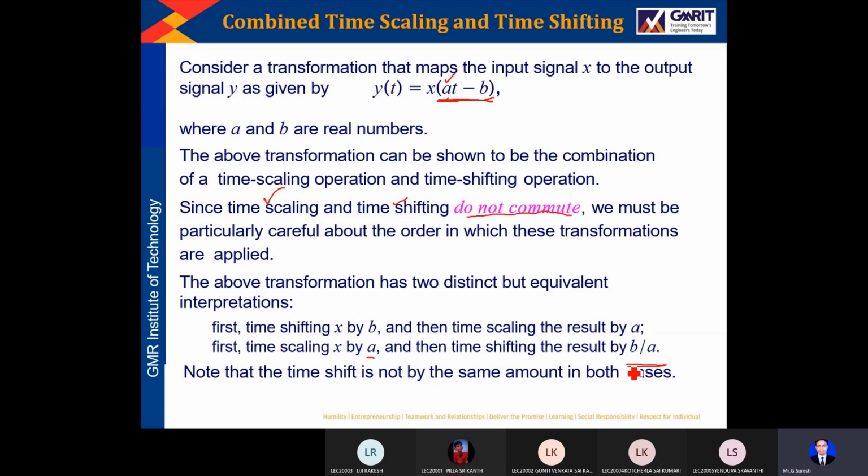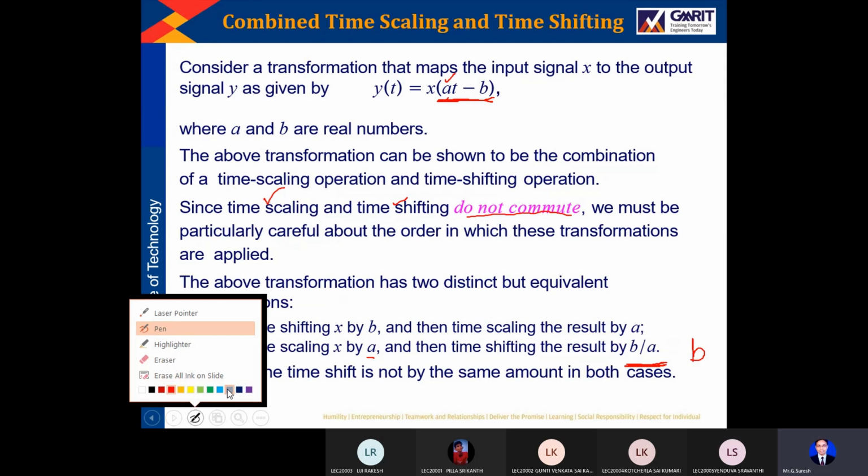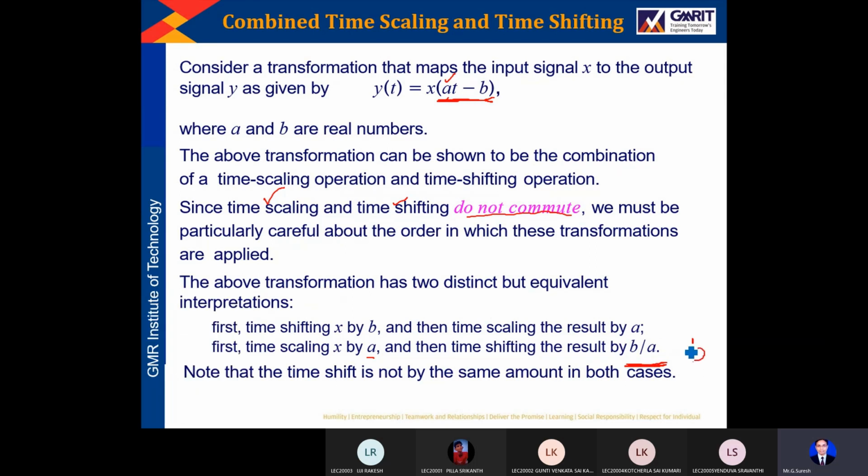That's the thing you have to remember. Already you have scaled, so now if you want to shift it, the shifting parameter will not be b; it will be modified to b by a. That's the thing you have to remember if you perform scaling first.